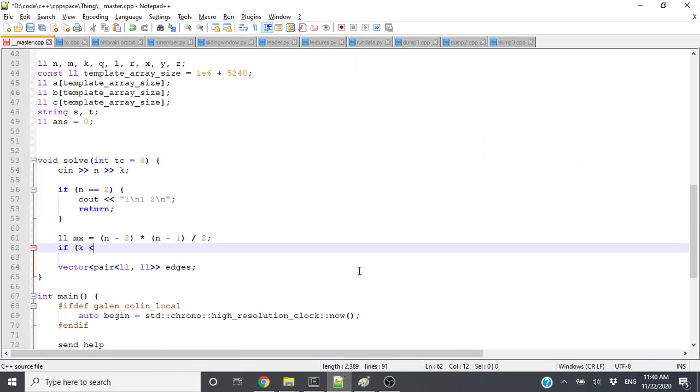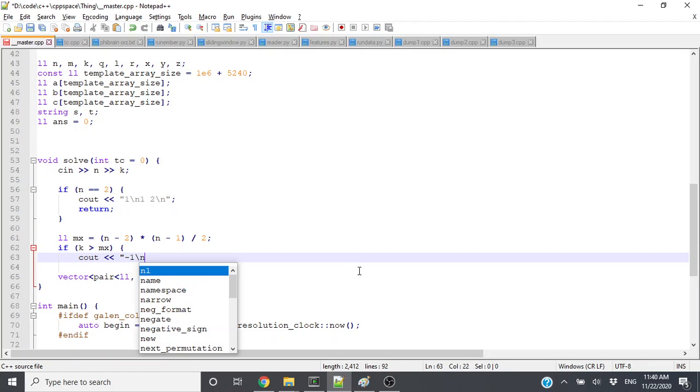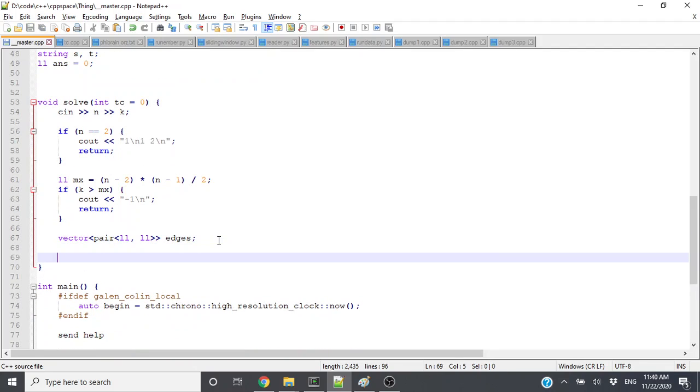So if k is greater than max, print -1 and return, and otherwise, for int i equals 1, i is less than n, i plus plus, push back make pair 1, i plus 1.